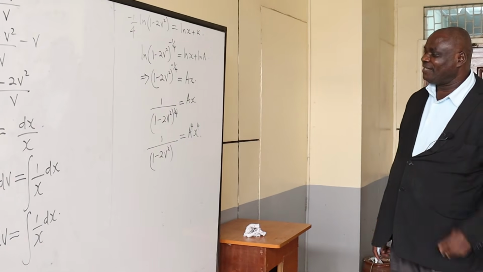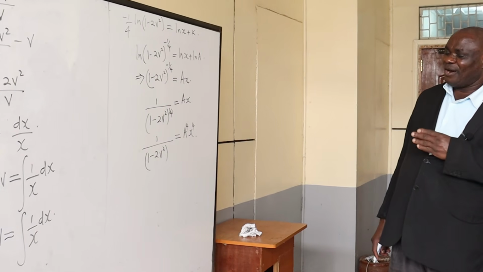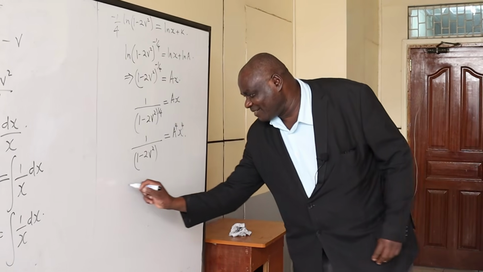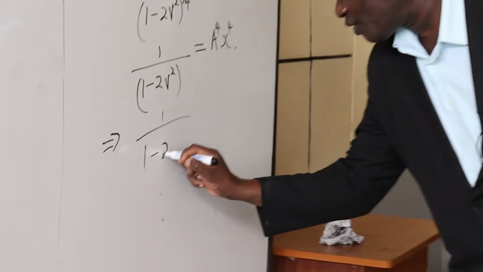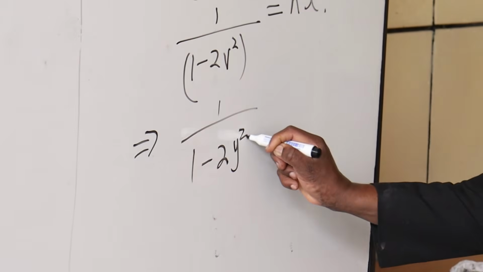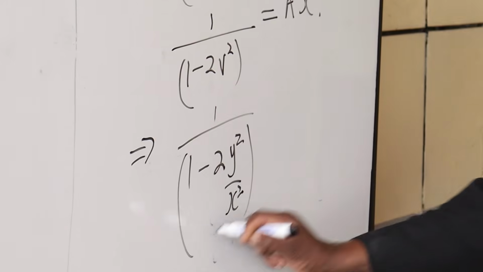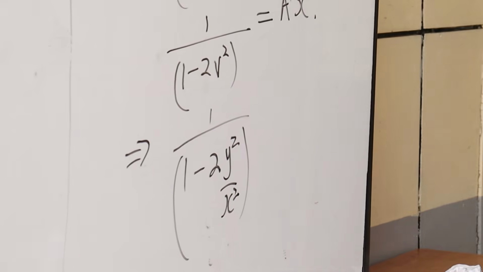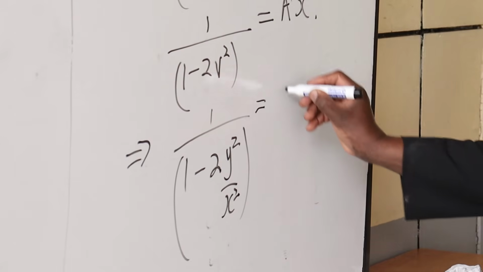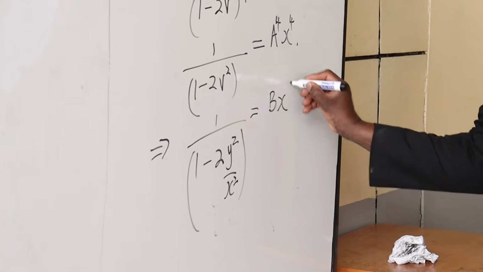From here then, we can now substitute for the value of v. So this implies 1 all over 1 minus 2 into y squared all over x squared. y all over x, when you square, you get y squared all over x squared, is equal to a to the power 4, which can now be written as a new constant b, x to the power 4.